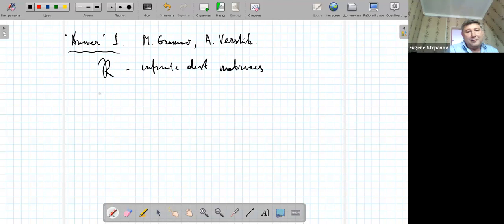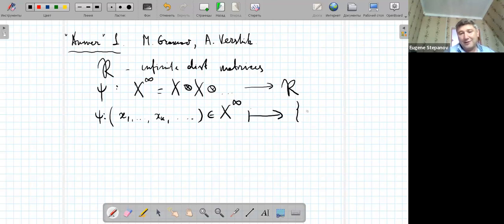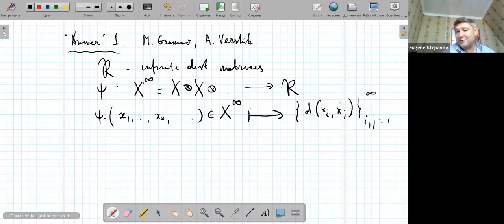And I would like to consider the map from X^∞, which is the infinite product X times X times X, so X times X times etc., infinitely many times, into the set of infinite distance matrices, so that psi of the sequence x1, ..., xk, ..., an infinite sequence in X^∞, sends this to just a distance matrix, the distance from xi to xj, where i, j go from 1 to infinity. So this is in R.